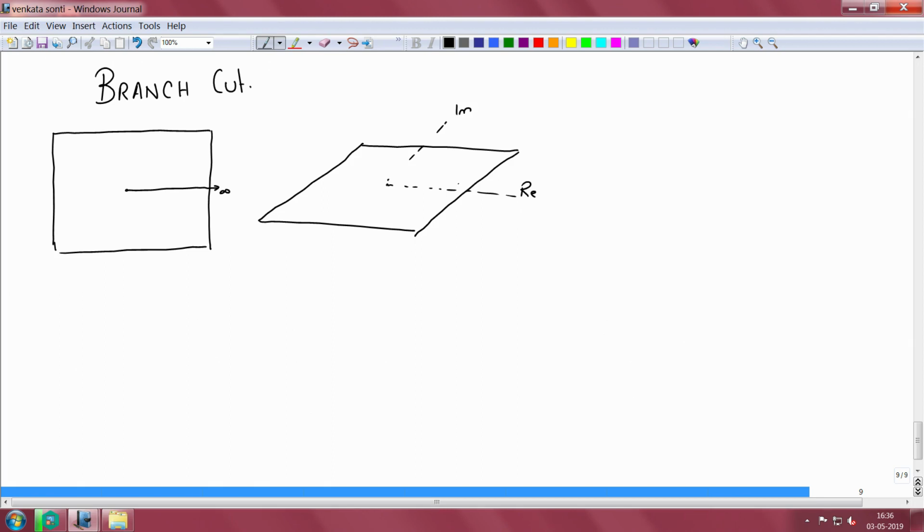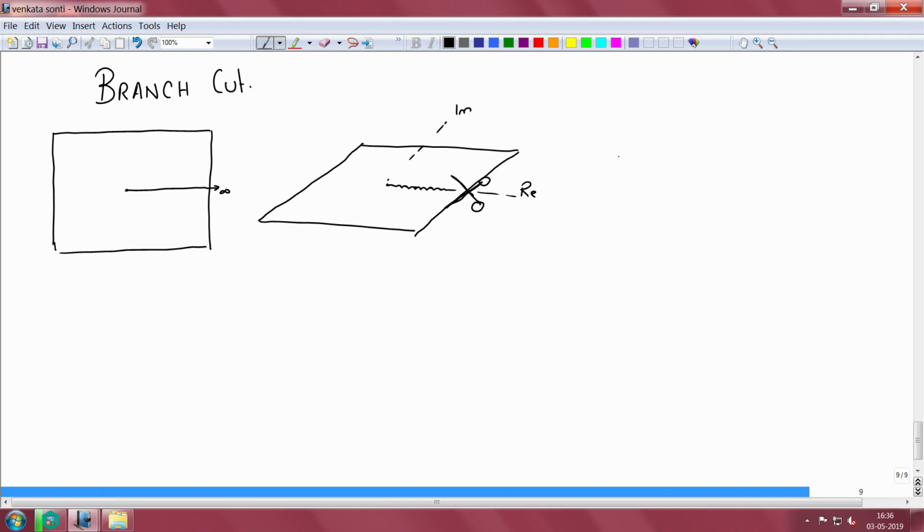Now I take a pair of scissors. Okay, I take a pair of scissors. So that is my scissor, okay, and I cut it. From infinity up to the origin, I cut it. And how does it look?